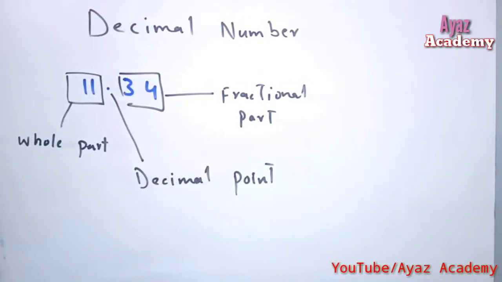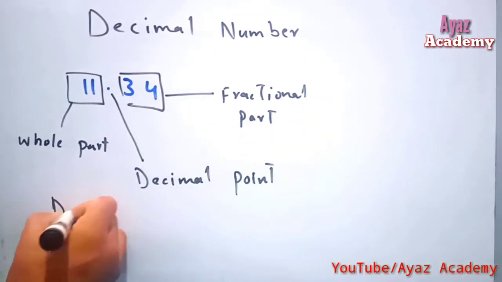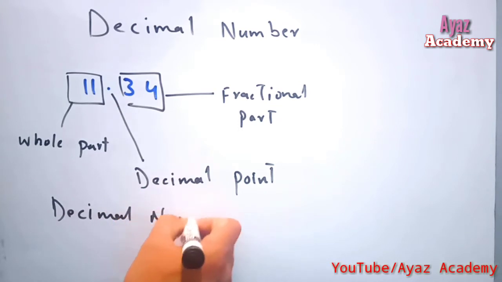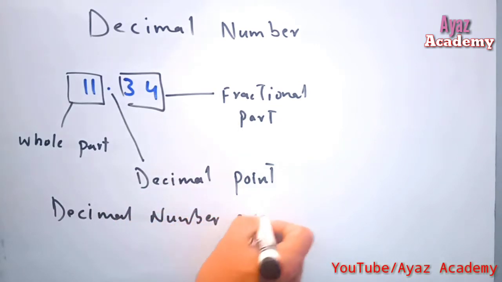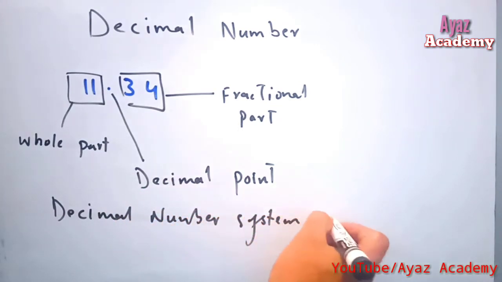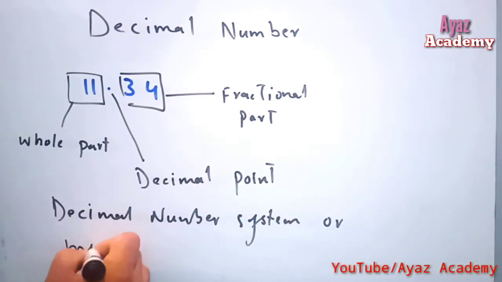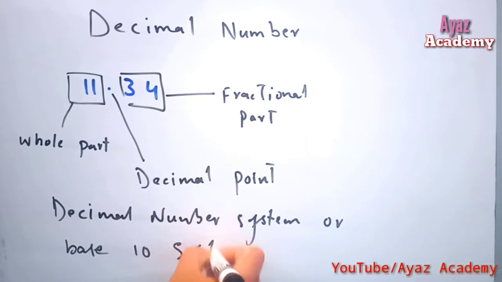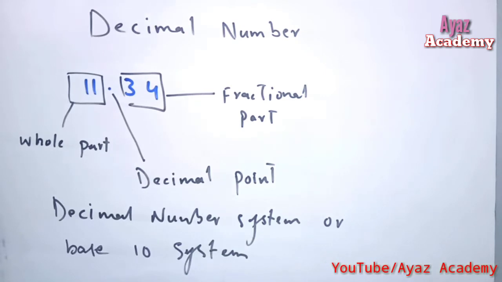What is a decimal number system, or base 10 system?